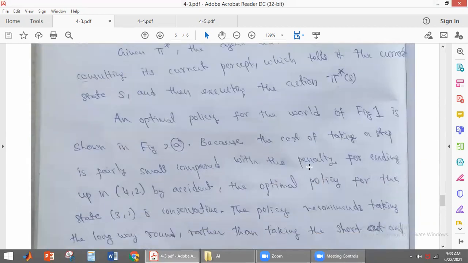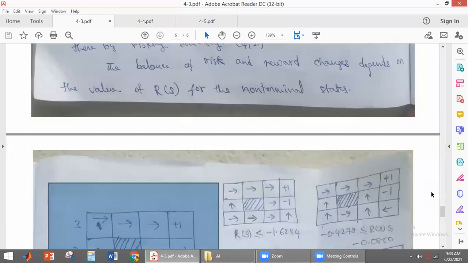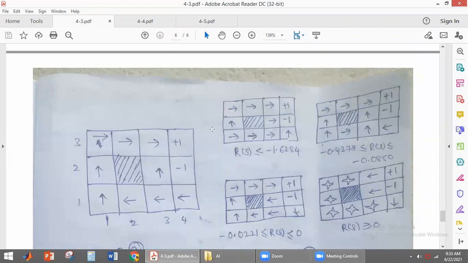Because of the cost of taking a step: at each and every step, the reward it gets by taking non-terminal steps here is minus 0.04. That is very small compared to accidentally entering the state which has -1. The agent does not want to enter -1.